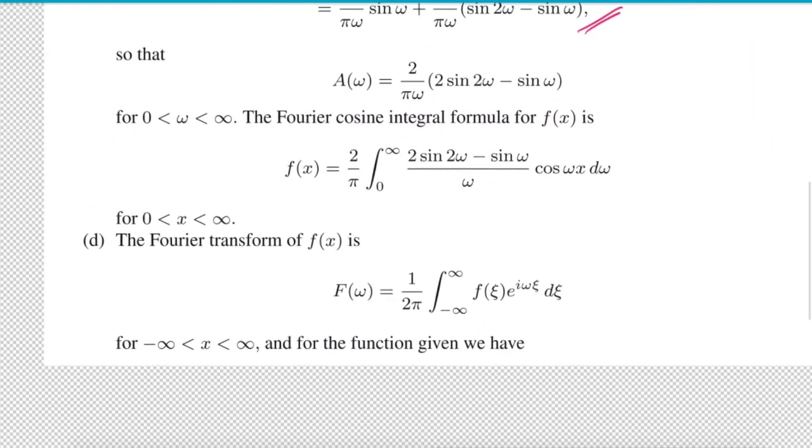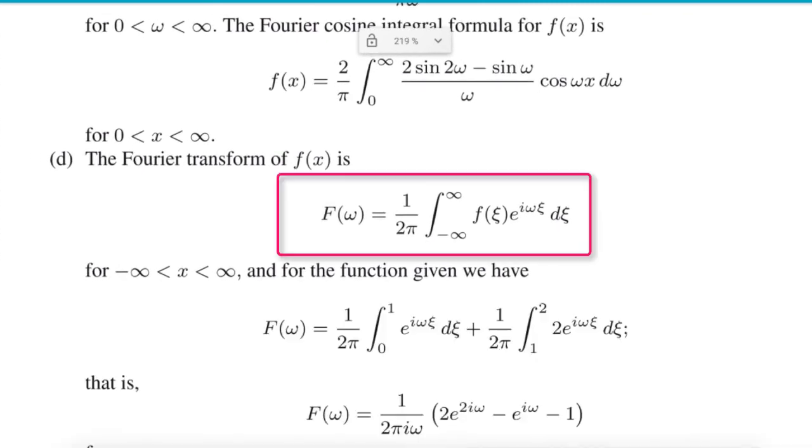Now let's come to the Fourier transform. Okay, the Fourier transform is basically the same thing, isn't it? So the Fourier transform f of omega equals 1 over 2 pi, integral from minus to plus infinity f of xi e to the I omega xi dxi. If we look at the complex Fourier integral coefficient, then we get the same thing.